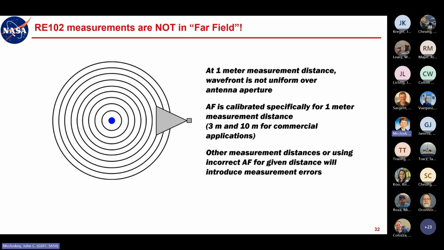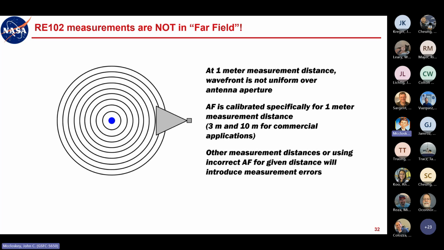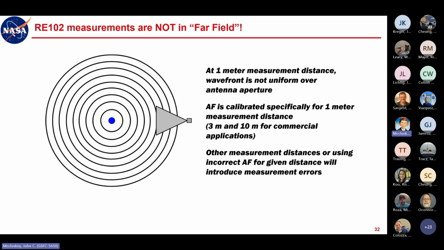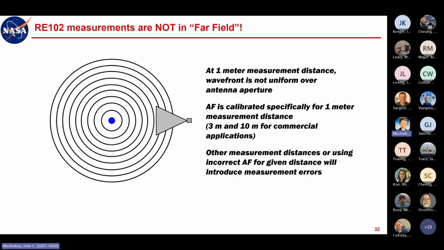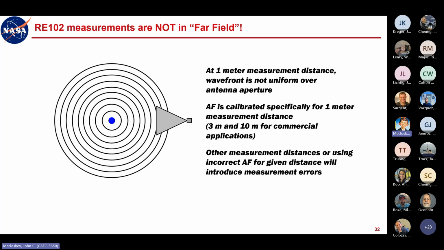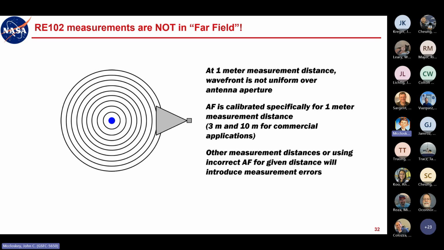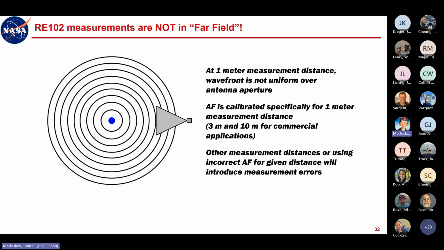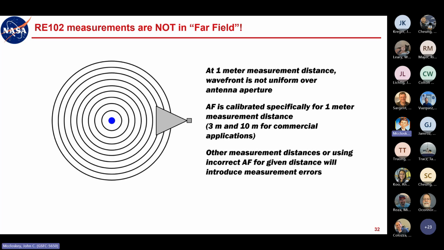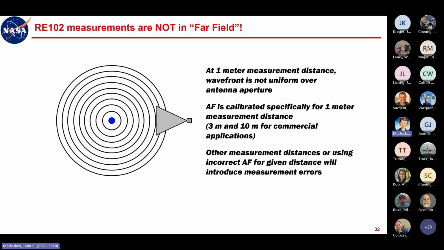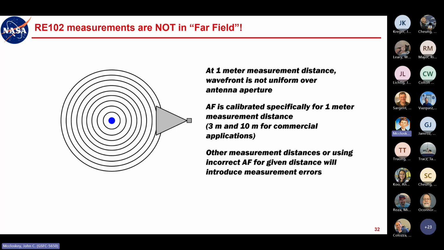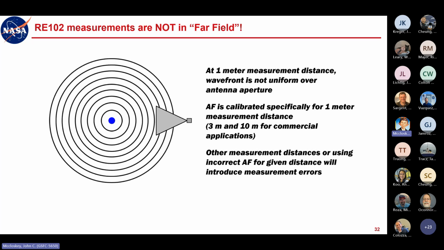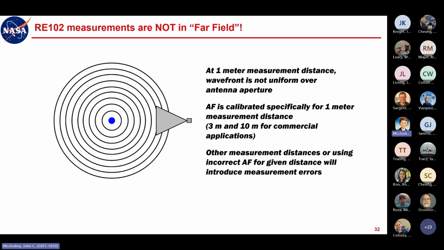So this is just a quick pictorial illustration, right? As opposed to a non-pictorial illustration. It's an illustration of the significance of being very specific about that 1 meter measurement distance, right? If you just say, oh, I'm going to move it back to 1.5 meters or what have you, that antenna factor calibration number that is specific to 1 meter is going to be less accurate if you muck with that measurement distance.